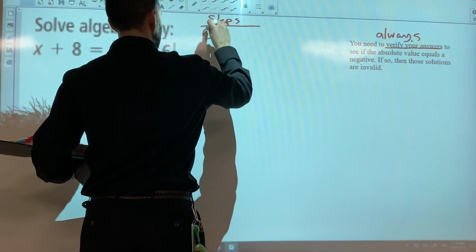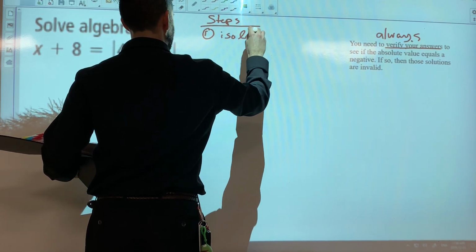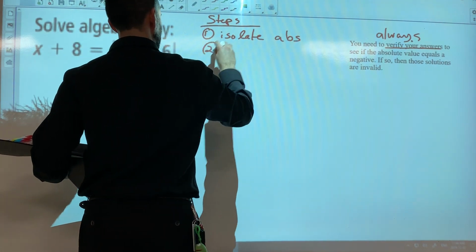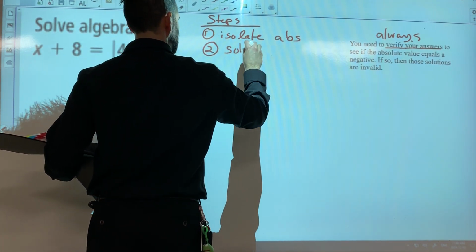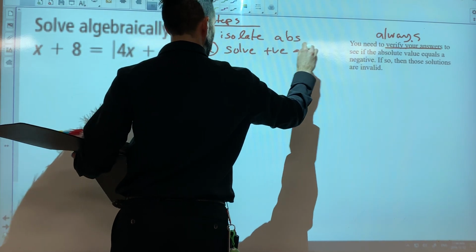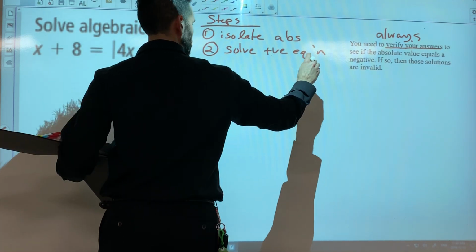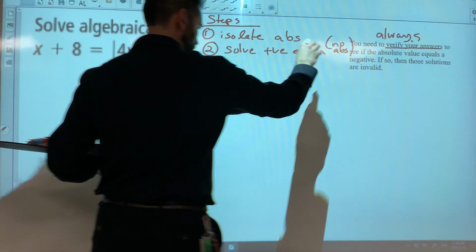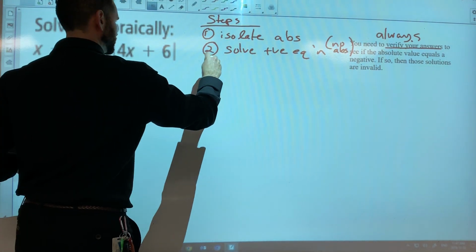So steps. This is a strategy for every question. Step 1: Isolate abs. Step 2: Solve positive equation, and I'll just write no abs, right? Like you're dropping the absolute value and you're solving the positive equation.